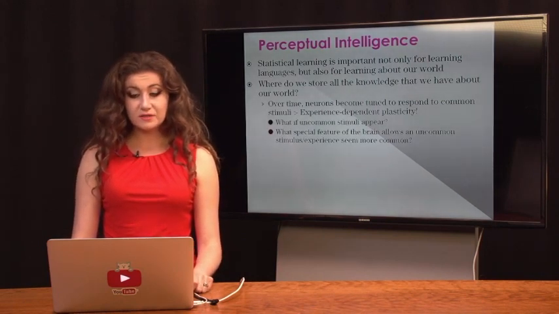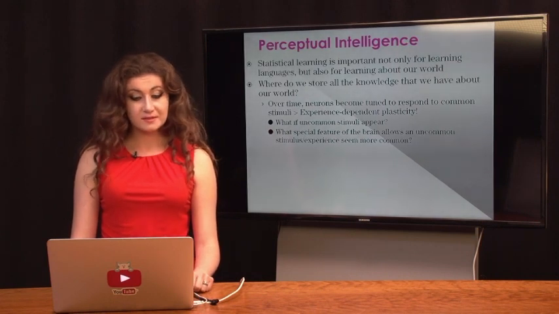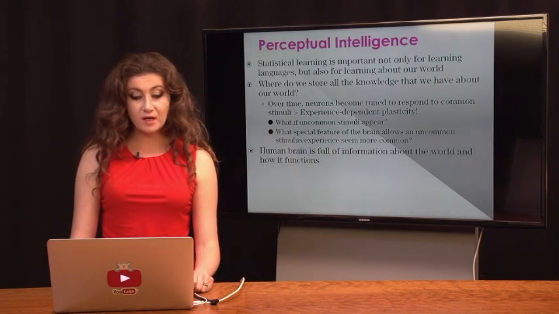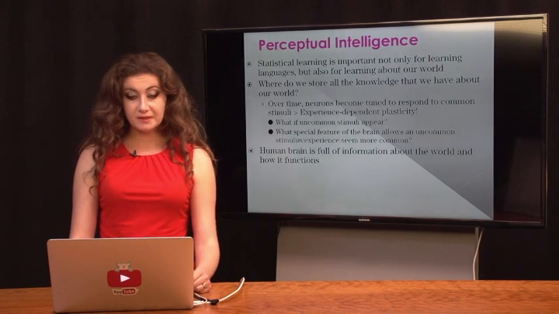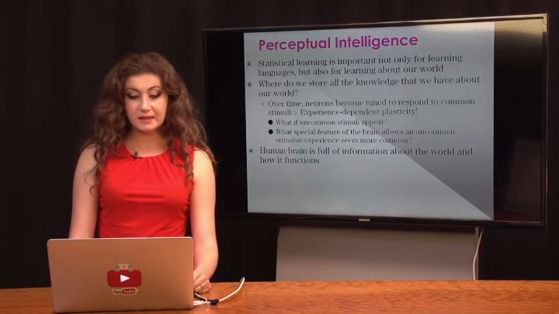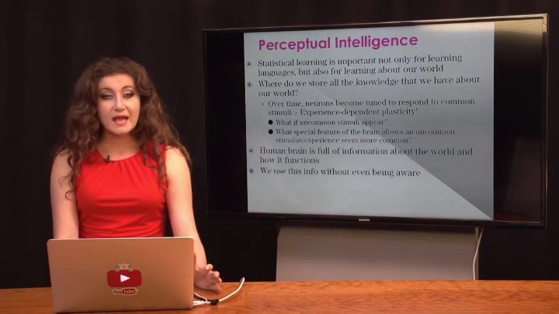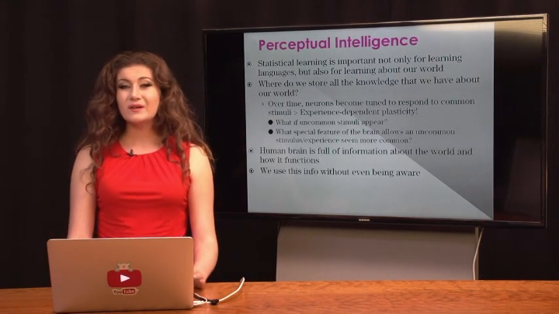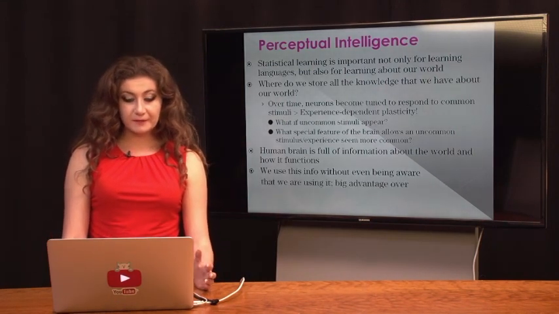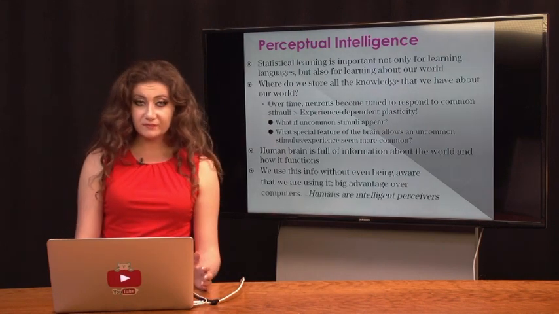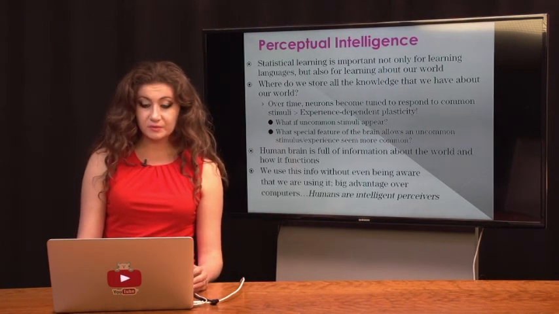So what special feature of the brain allows an uncommon stimulus experience to seem more common? Well, again, that relates to experience-dependent plasticity. The human brain is full of information about the world and how it functions, and we use this information without even being aware that we're doing it. And so this is a big advantage for humans over computers.